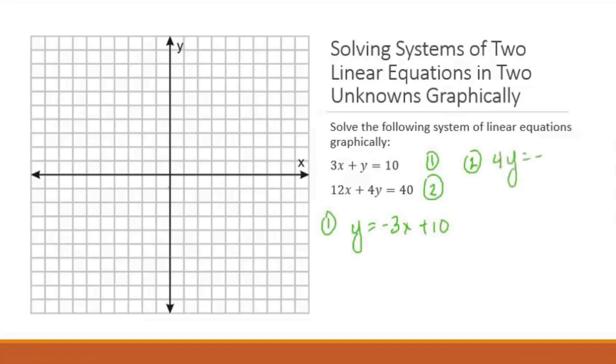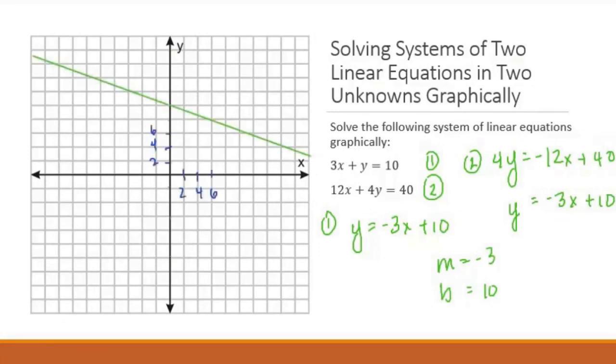We get 4y is equal to negative 12x plus 40. Dividing through by 4 gives me y is equal to negative 3x plus 10. So for both equations, I find that the slope is equal to negative 3 and the y-intercept is equal to 10. Just for fun, let's graph these two.